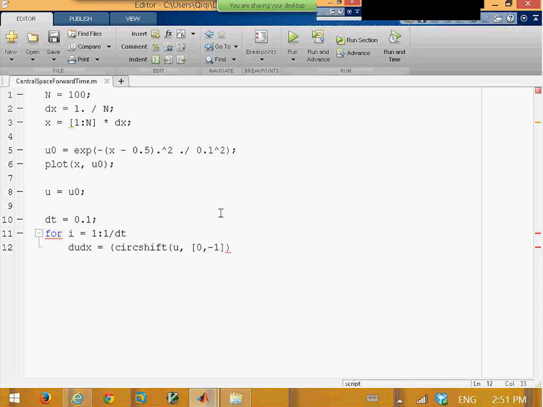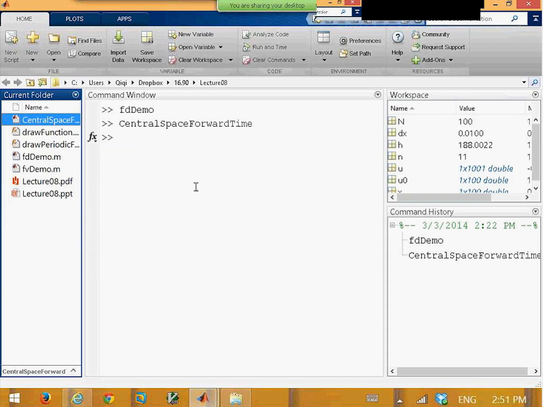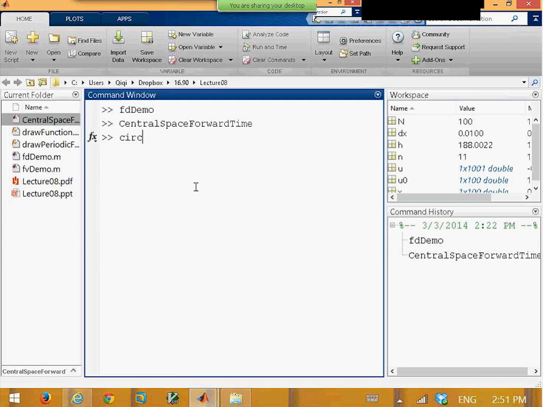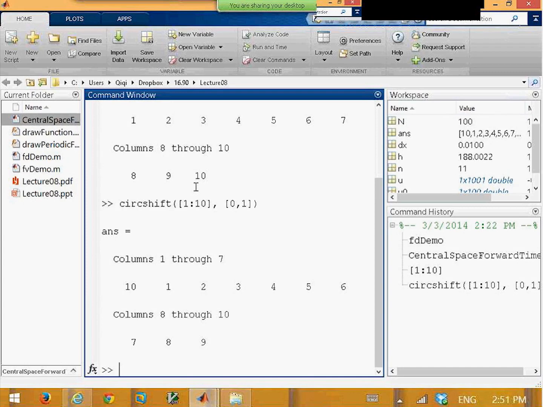So what does this give me? I'm going to go back to MATLAB and show you what it gives us. If I do 1 to 10, for example, I'm going to get an array going from 1 to 10. If I do circshift of 1 to 10, shifting 0 in the first dimension and 1 in the second dimension, this is what I'm going to get.